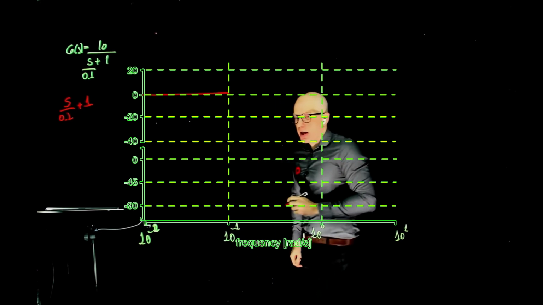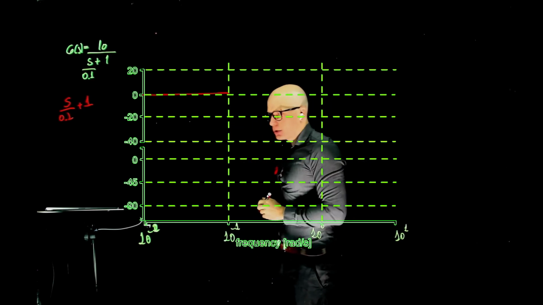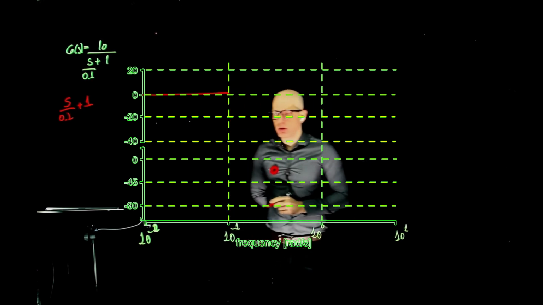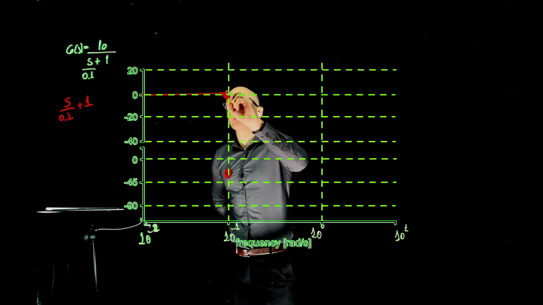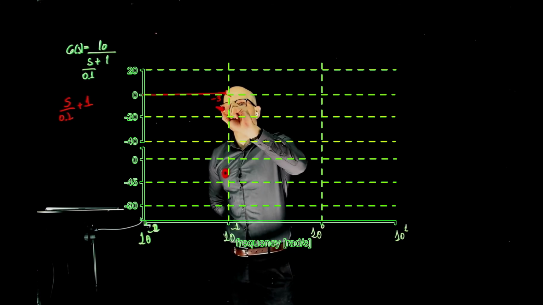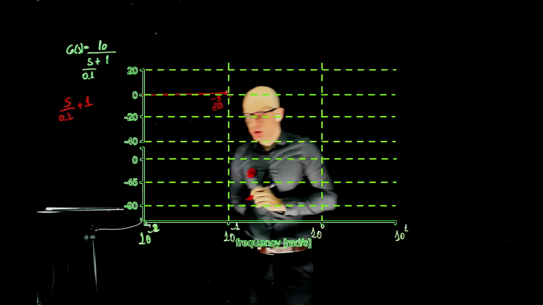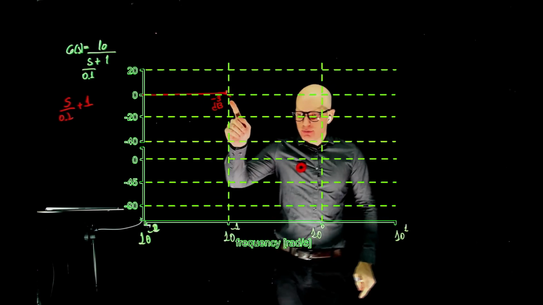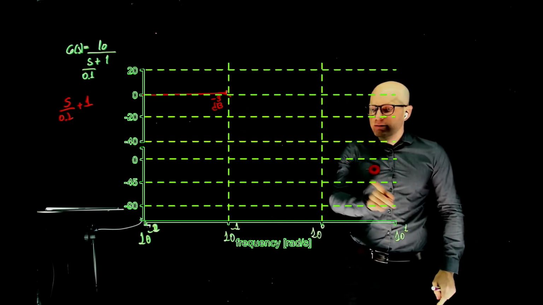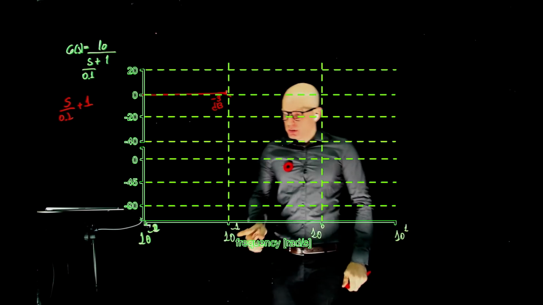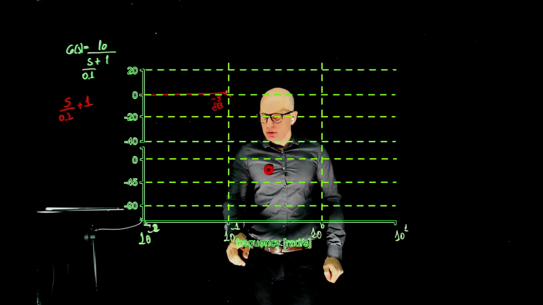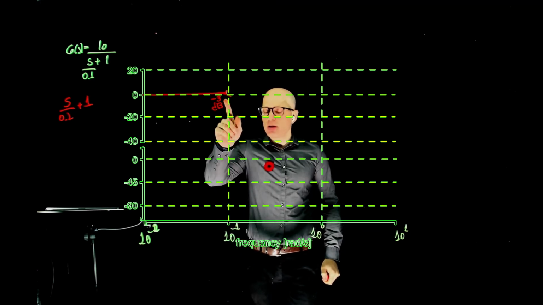At the cutoff frequency, what is the magnitude? It's negative 3 dB. Now, what happens when you cross the cutoff frequency? We start to decrease at negative 20 decibels per decade. So at 10 to the power of negative 1, which is 0.1 radians per second, we are at negative 3.